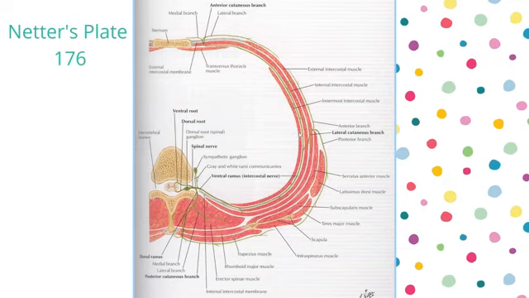We have 11 pairs of all 3 of these, and let's start with the external intercostal muscle. The external intercostal muscle will fill the intercostal spaces from, if you look posteriorly, the costal tubercles, and then it will go anteriorly to about the junction of the ribs and the costal cartilage.